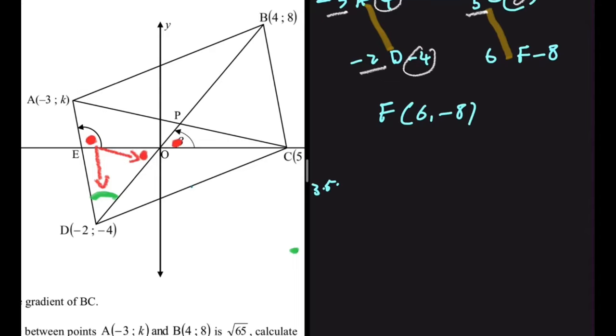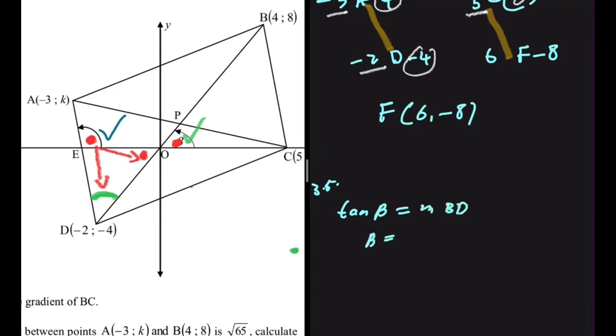So how can I find this first angle that I'm claiming I can find? I can use the gradient of BD, which I already have, because tan theta is equal to m. And then how can I find this angle? I can use the gradient of AD to find that angle. So let's go ahead and compute that. We're gonna see that tan of that angle is equal to the gradient of BD.